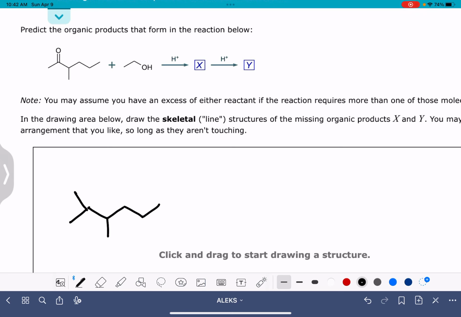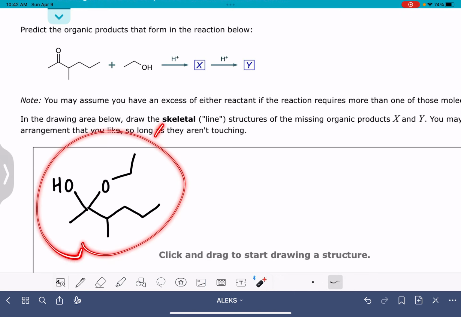The alcohol's carbon chain, not the OH part, but just the carbon chain, in this case a two carbon chain, gets added to one of those oxygen atoms. It's not going to matter which one you add it to. I'll just add it to the one on the right-hand side. So I'm going to put a two carbon chain. The other oxygen just gets a plain old hydrogen. This is the hemiacetal that they're looking for in X.